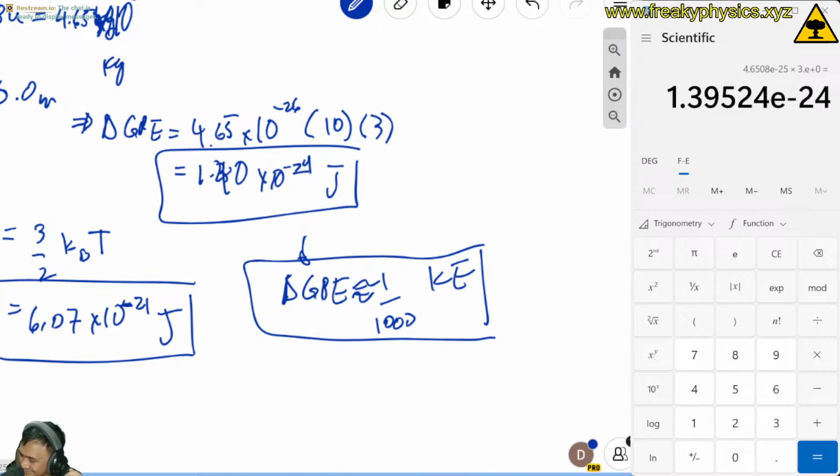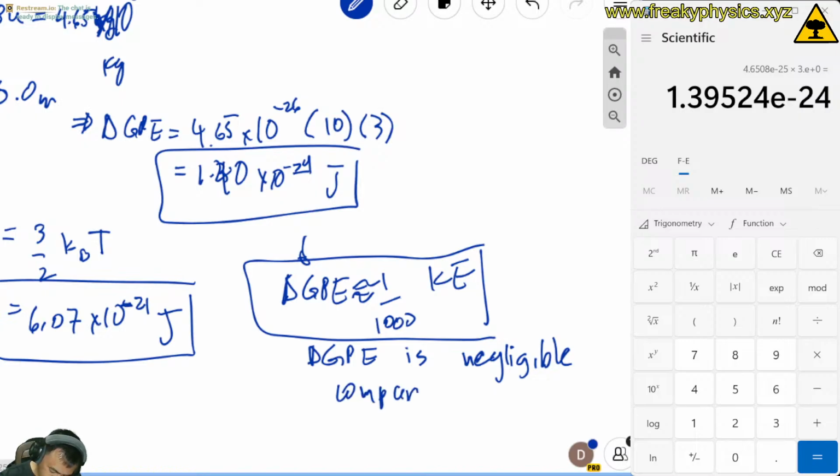So the change in GPE is negligible, and we can therefore ignore it compared to the KE.